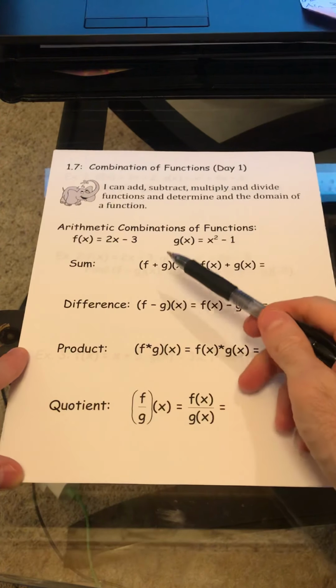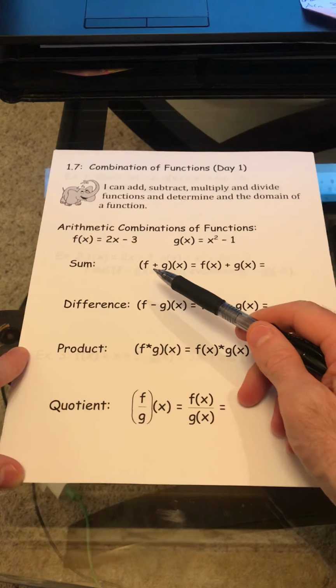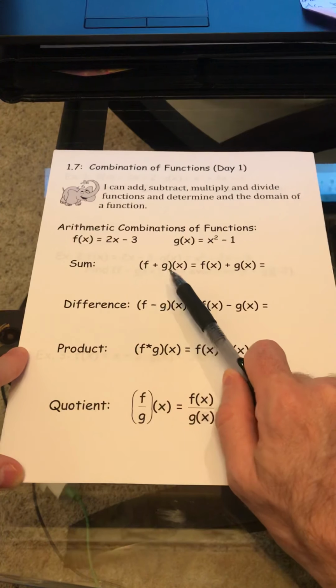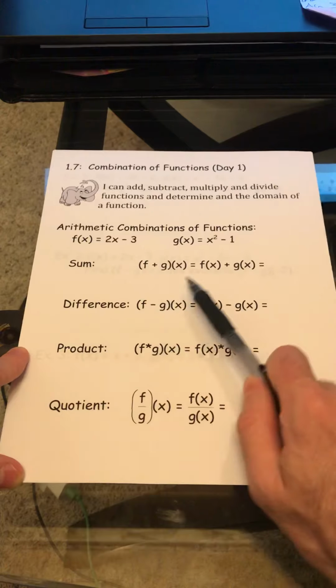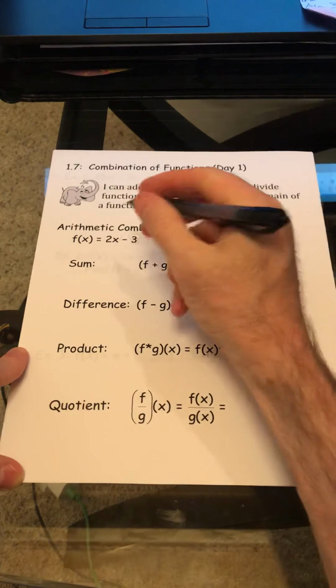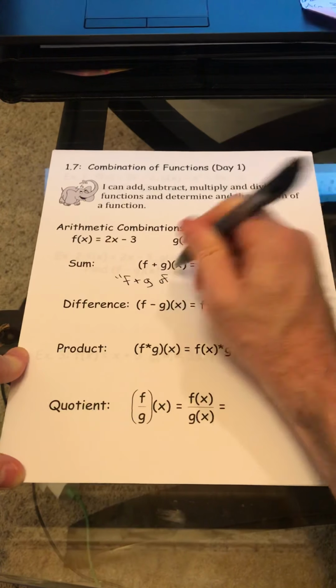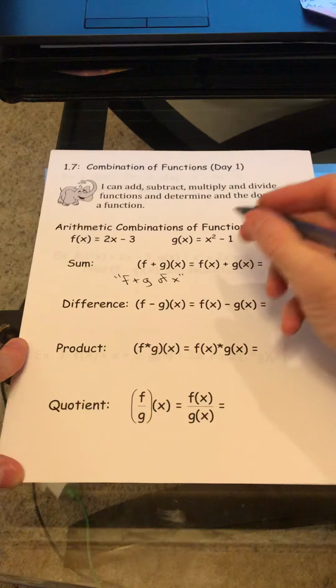One of the things that really shows up differently in this section is just a matter of the way things are notated. This is f plus g of x. It does not have anything to do with multiplication. So when you see this, it's just f plus g of x, meaning add each function together.